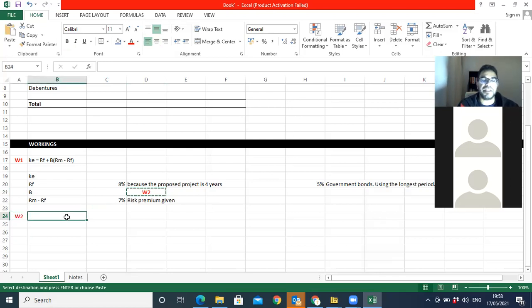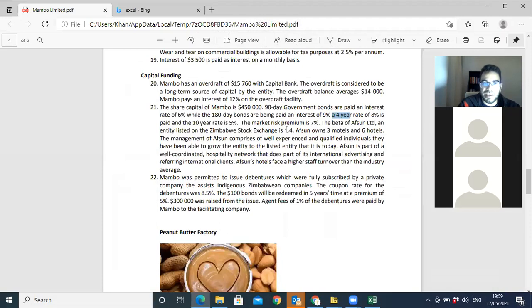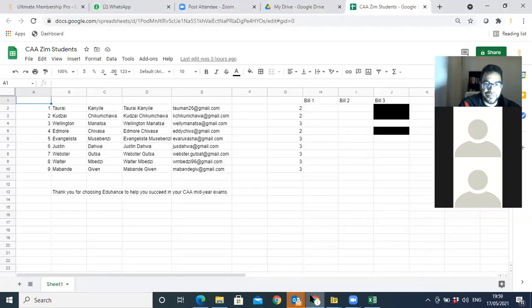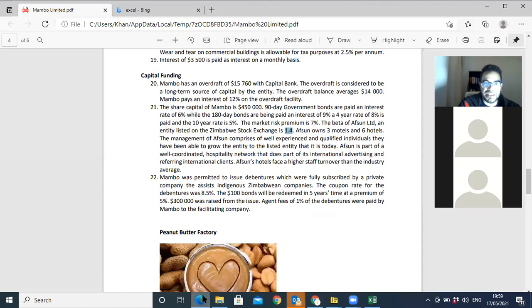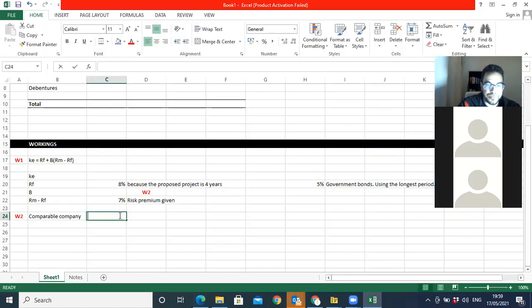To calculate beta, we will start off with a comparable company. The comparable company is FSUN, and they're giving us a beta of 1.4.